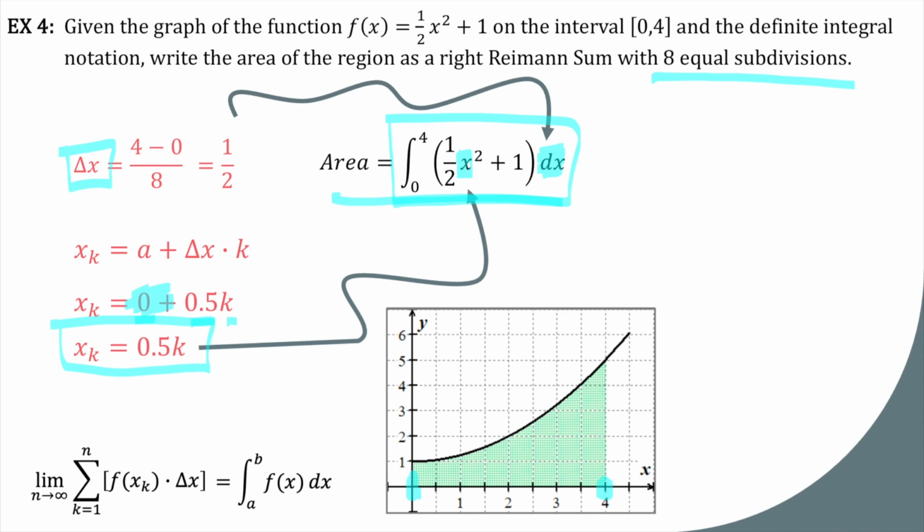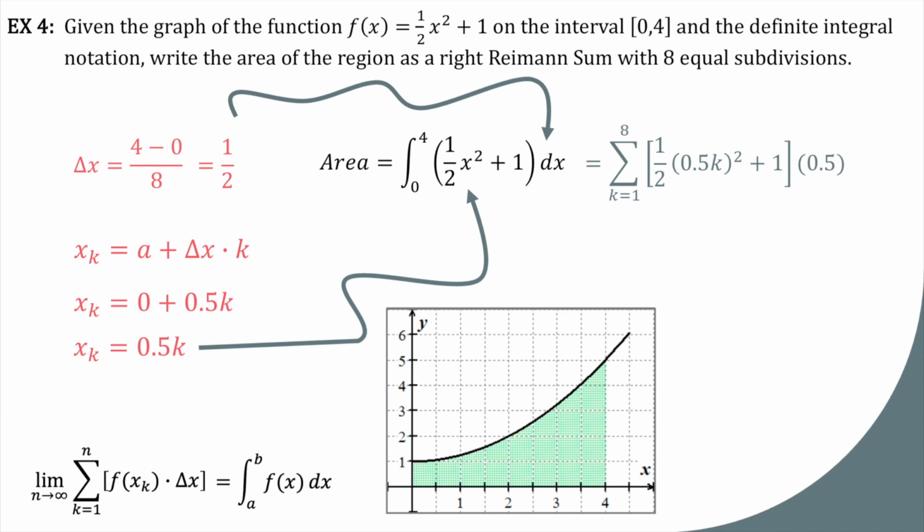Delta x is what goes in this dx right here. So what do we have here? The right-hand sum starts at 1. 8 is the number of subdivisions or rectangles. This here is the height, that's the expression of the function. And then 0.5 is the width, the delta x.